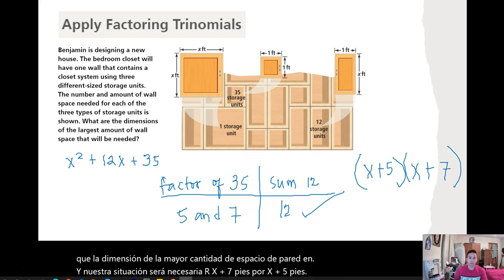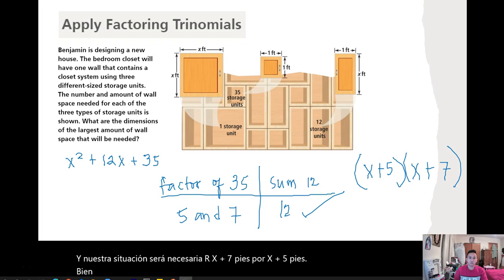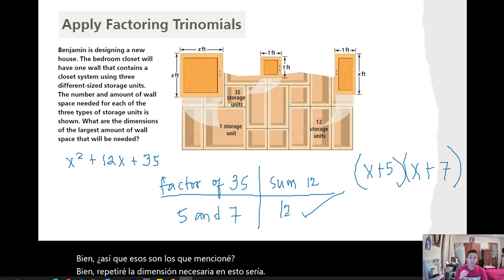Okay, I'll repeat. The dimensions needed would be x plus 7 feet by x plus 5 feet. All right, so that is how factoring is used in a real world problem.